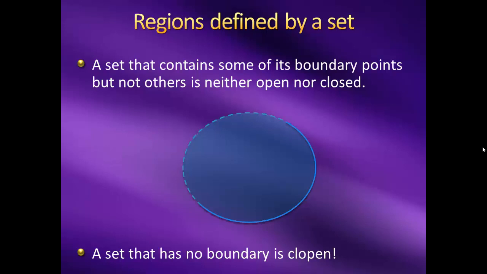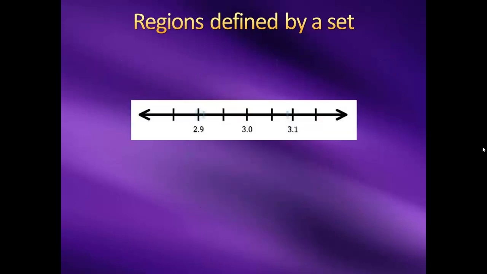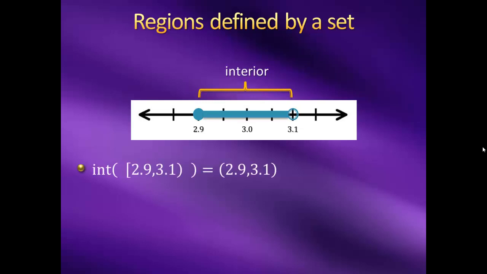To solidify our understanding of these three concepts, let's consider the real interval from earlier, from 2.9 to 3.1, including 2.9, not including 3.1. We're going to be using this interval quite a bit, as you can tell. The interior of this set would be the open interval from 2.9 to 3.1. Any real number that's strictly between these two numbers will be an interior point of the set. For example, if we were to consider, say, 2.91, the open interval from 2.905 to 2.915 would be contained completely within our interval.